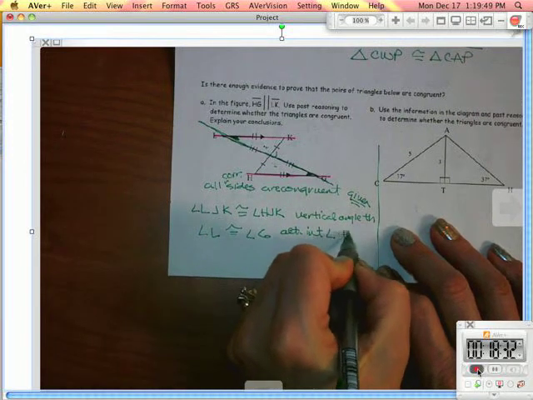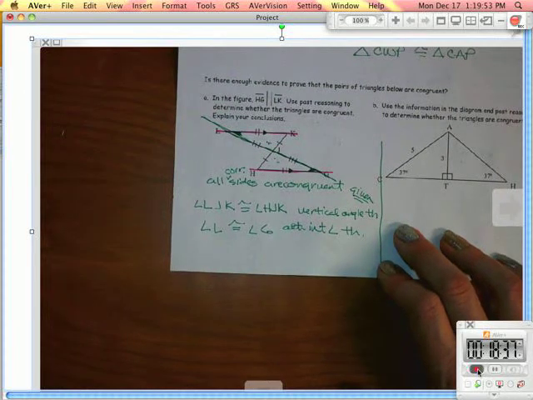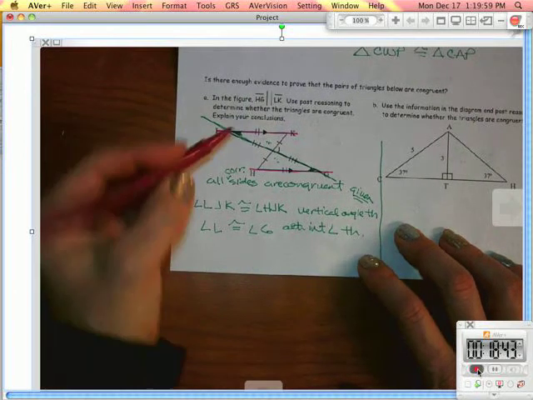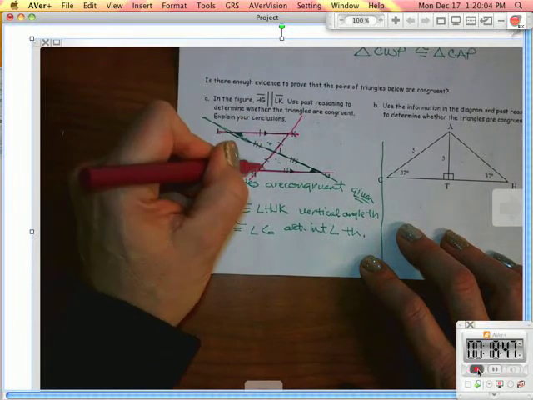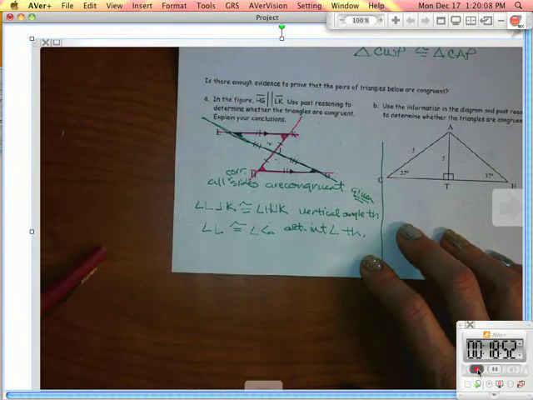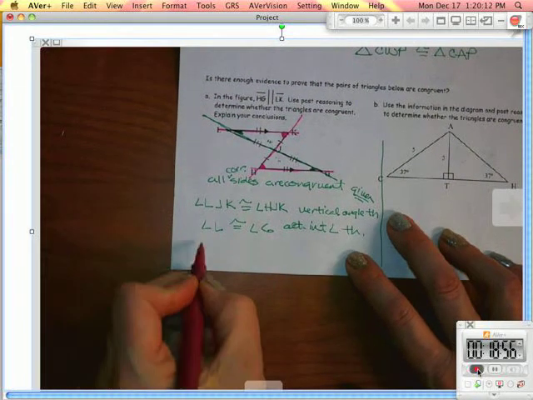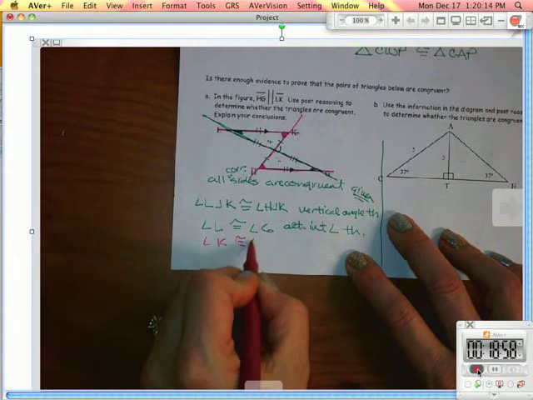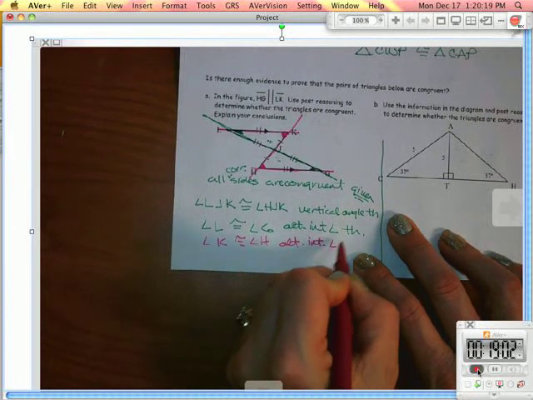Come on. Okay, now if I look at this as the transversal, what can I say about this angle and this angle? They are also alternate interior angles. So I'm going to say angle K is congruent to angle IH because of the alternate interior angle theorem. Have I shown that all the corresponding parts are congruent?